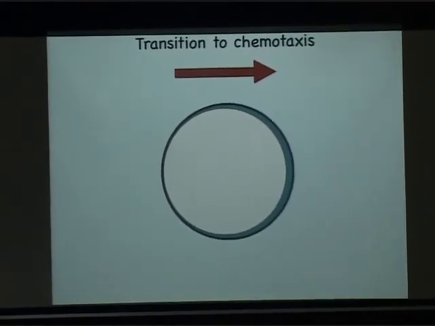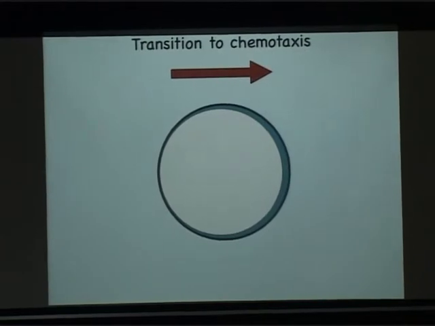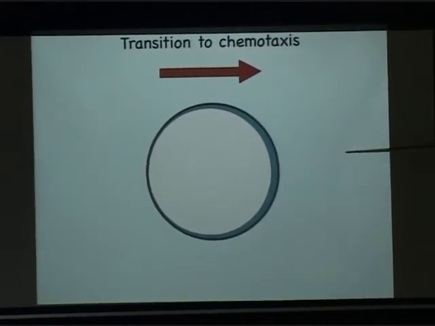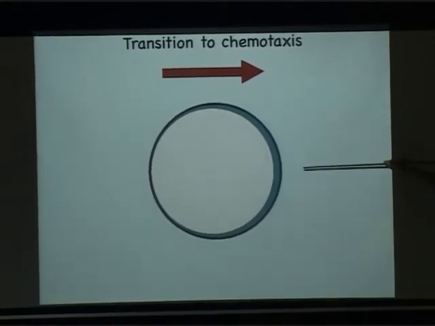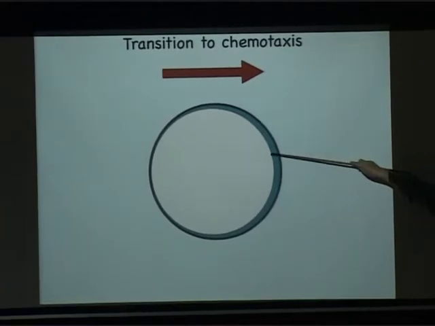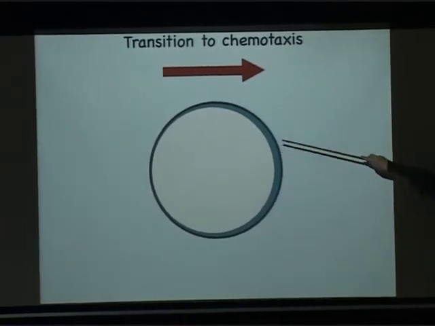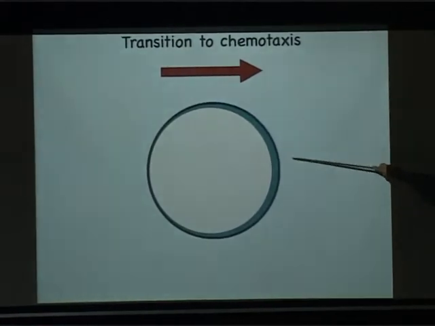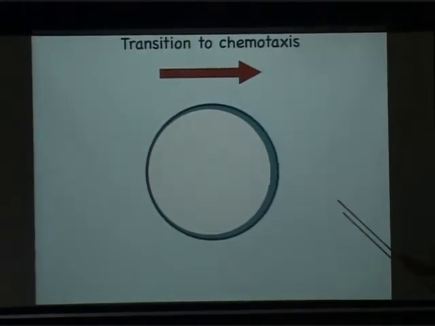What happens? Well, we now can label up actin or we can label up myosin, something like that, and we can put a pipette tip out here and diffuse a chemoattractant, and we watch a patch of our labeled stuff form here. So this looks pretty good because it looks as though there's a real symmetry breaking event, and then the pseudopod will form here because the actin's in the pseudopod.